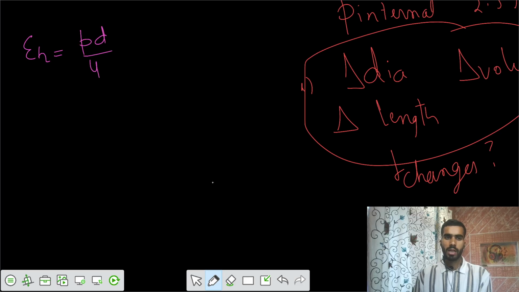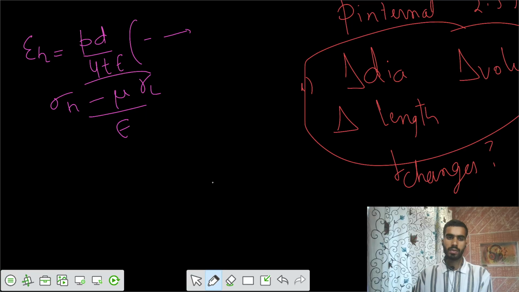We can also have that in this way: sigma hoop minus mu sigma long, divided by E. In this way we can do it.